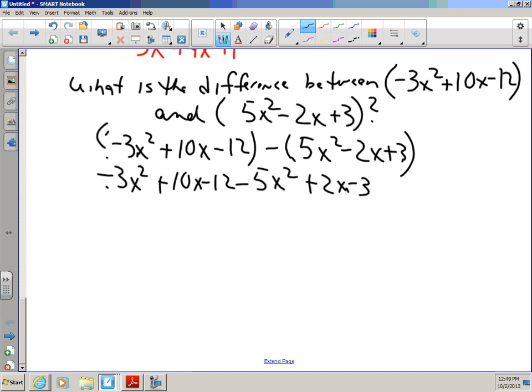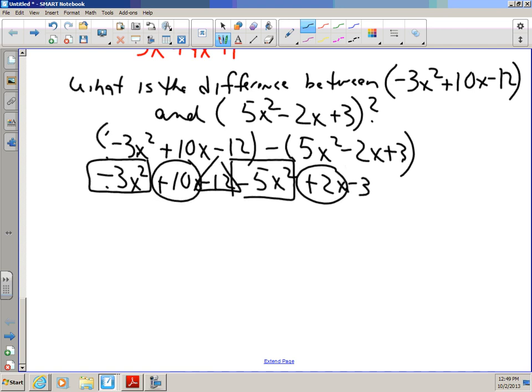And now I can combine my like terms. So negative 3, negative 5, 10x, 2x, and negative 12, negative 3.